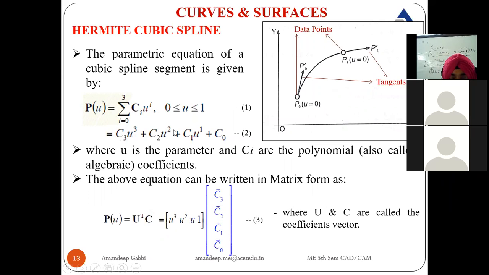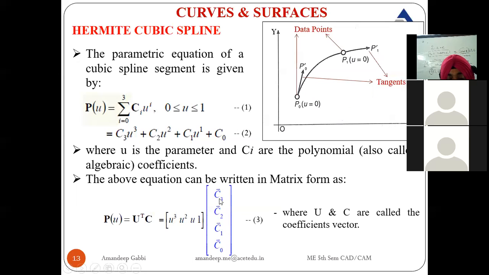We have converted this equation into matrix form. I have written U3, U2, U and 1 over here in the horizontal side, and C3, C2, C1 and C0 like this.